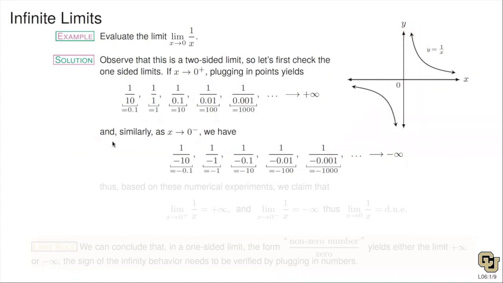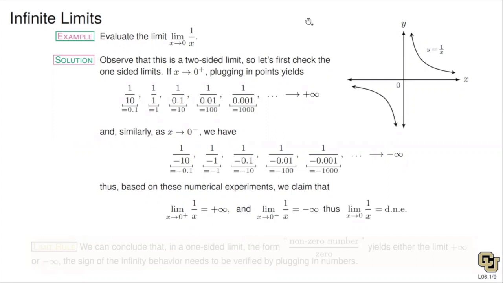So we have the one-sided limit as x approaches 0 from the right is plus infinity. The one-sided limit as x approaches 0 from the left is negative infinity. Plus infinity is not the same as negative infinity, thus the two-sided limit does not exist.